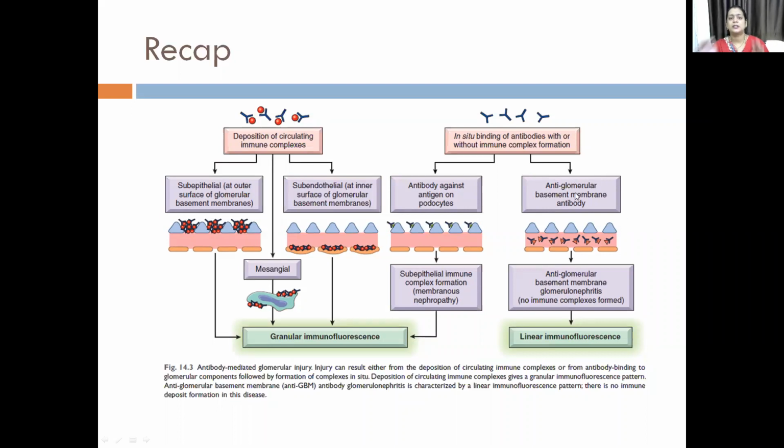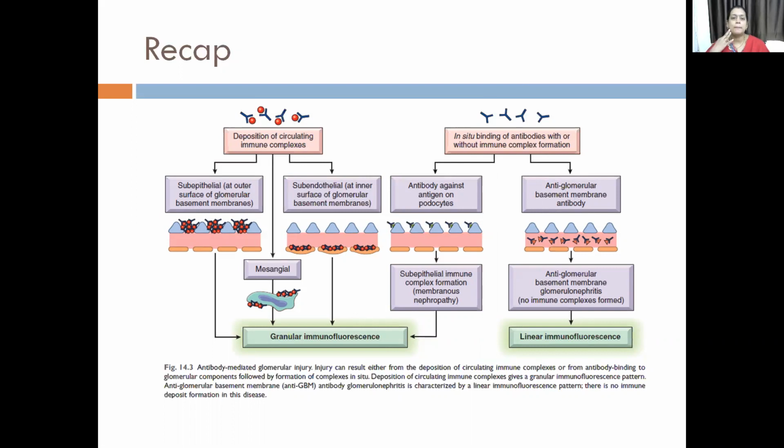right? So there is already the antigen recognized in the form of the glomerular basement membrane or the visceral epithelial cells. And if the antibody gets attached to this, it is called in situ binding. Okay. Then there can be some planted antigens.